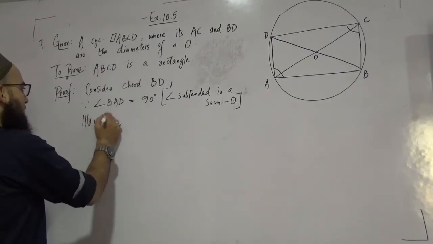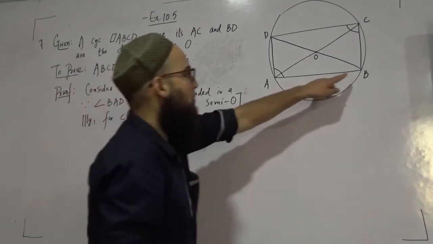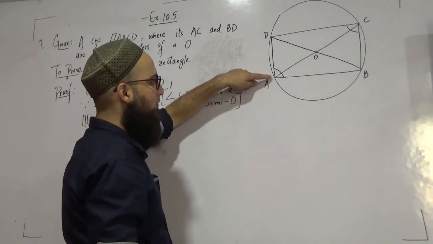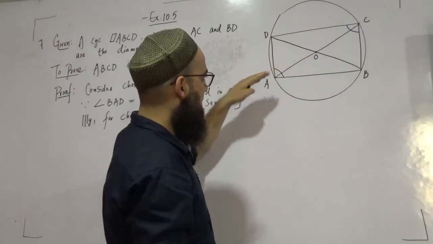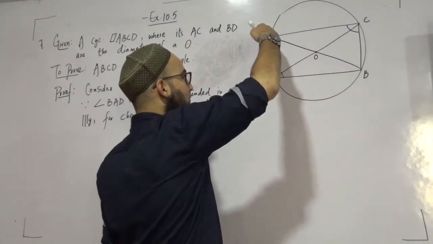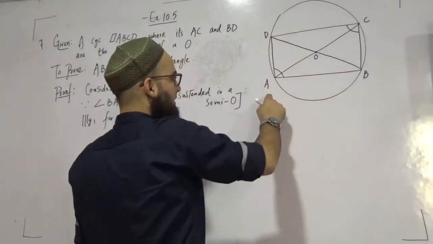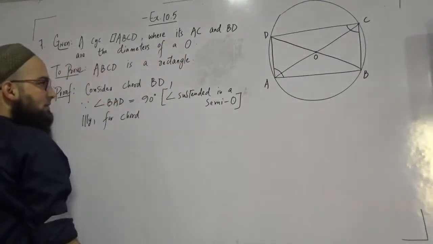Similarly, for chord BD, this angle is 90 degrees, and that is also the angle subtended in the semicircle.